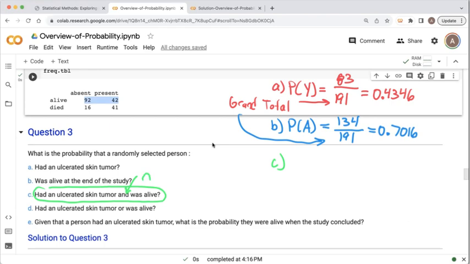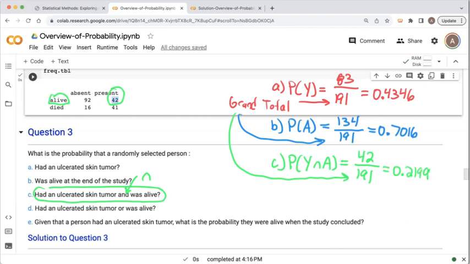In probability notation, we would write this as P of Y, intersection symbol, that's this cap, with A. So P of Y intersect A is going to be the total number of people that had an ulcerated skin tumor and were alive. That's this cell in the two-way table. So that's this 42 people out of the grand total 191 people. That gives us a proportion of 0.2199.